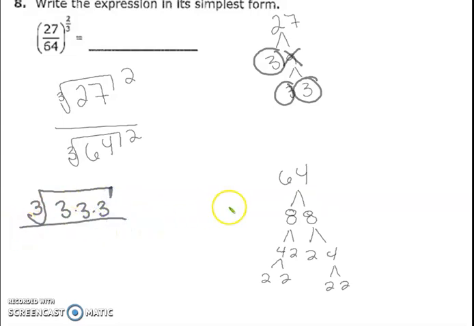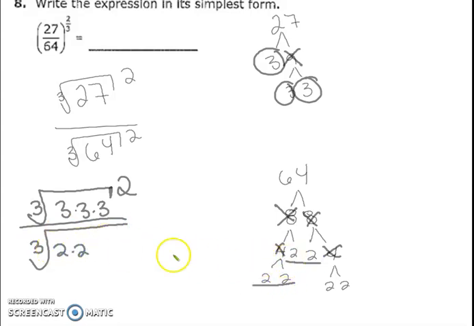Over my 64 is going to be a bit more complicated because there's more numbers there. I've got that squared back there. Don't forget that. The third root of 2 times 2 and another 2 and 2 and another 2 and 2, and all of that is squared.